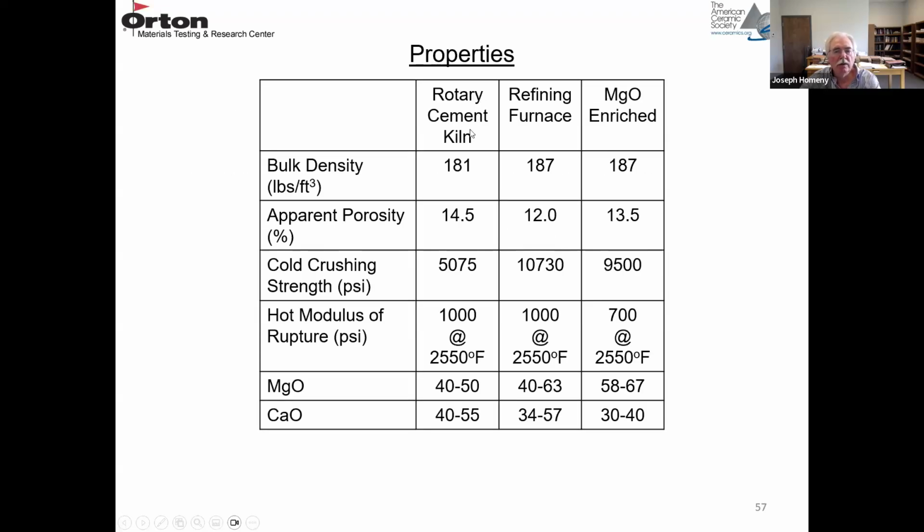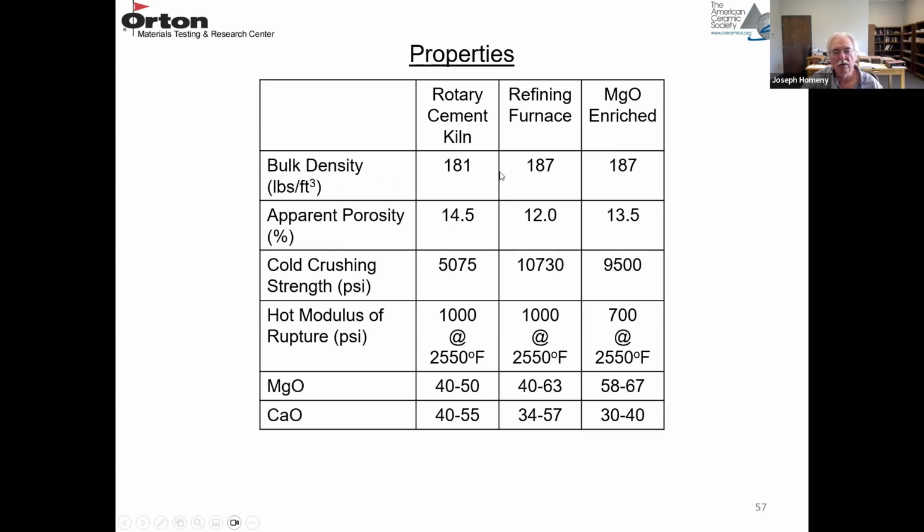These may be used in a cement kiln for the lining, or some type of refining furnace. They can be used in AOD vessels, argon oxygen decarburization vessels. You can also take a dolomite refractory and add MgO to it to enrich it to get a higher MgO content, and that improves the hydration resistance.